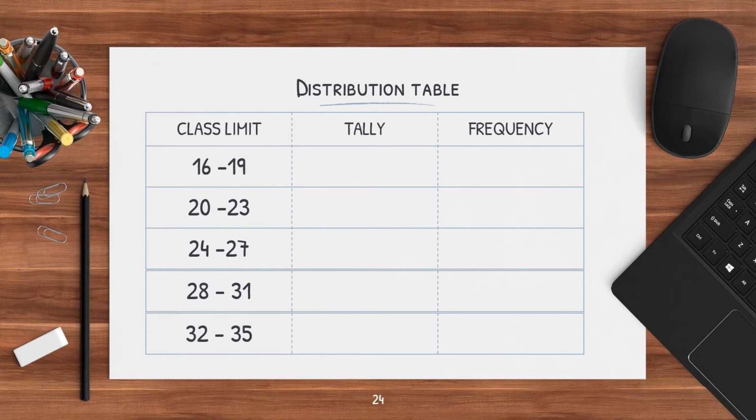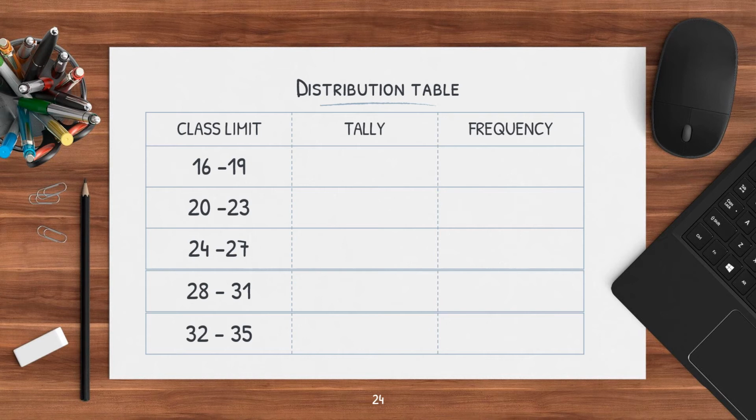Yes, this is the distribution table, or what we call the age distribution table, of your participants with 16 as the lowest number or lowest age of the participants and 34 right next here, which is the highest age of the participants.